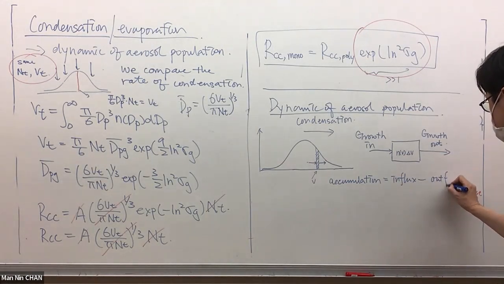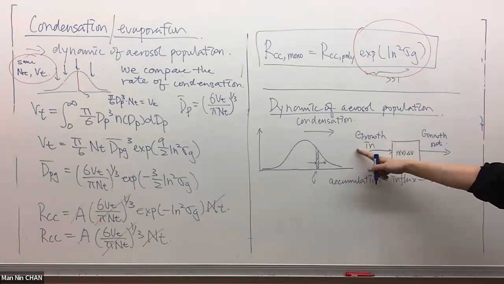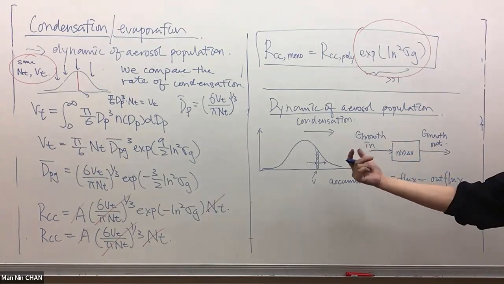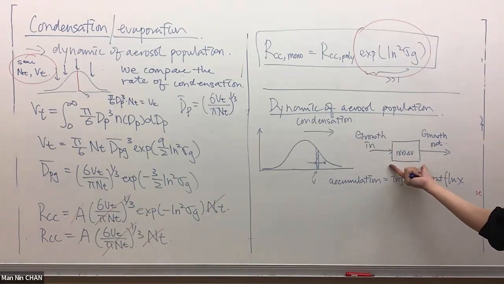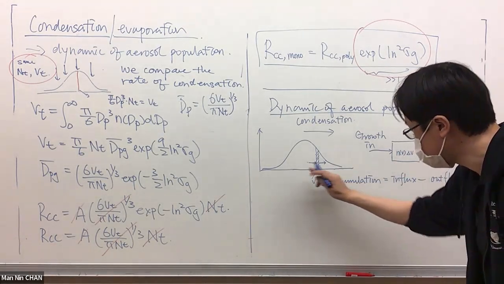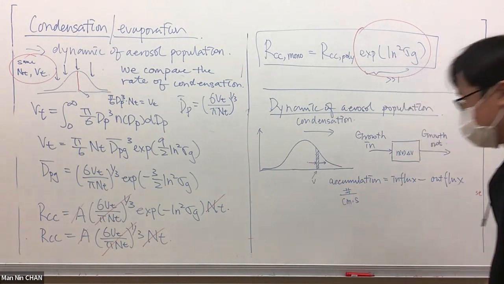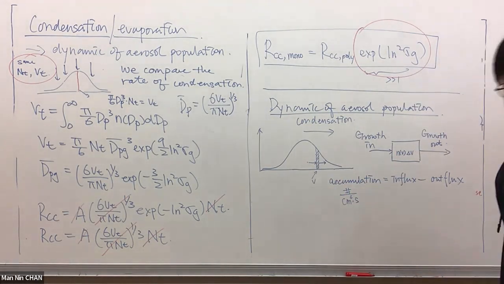In this case, this is the growth in: some smaller particles will grow and become the size that we're interested in. And then the particles of this size will grow and become bigger, so they will leave this size here. So you're looking at a given size, and how the number concentration changes with time.